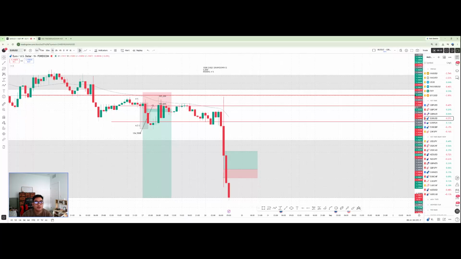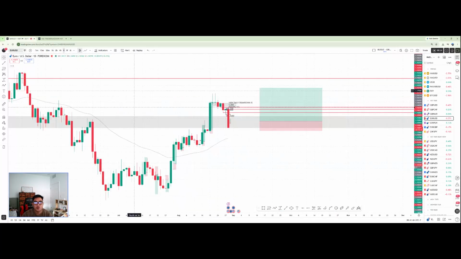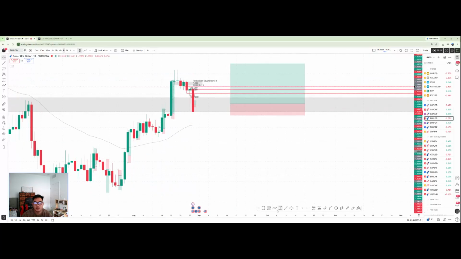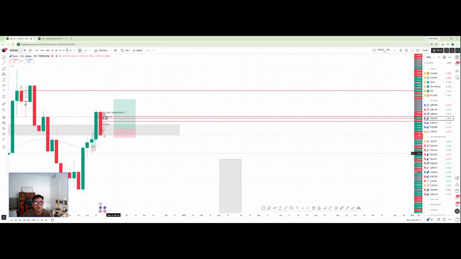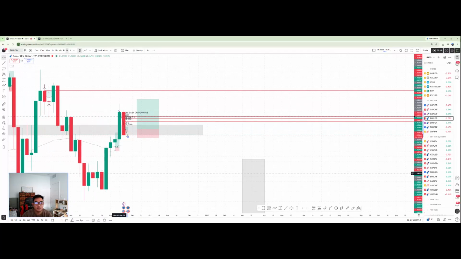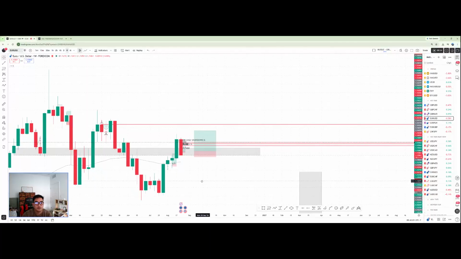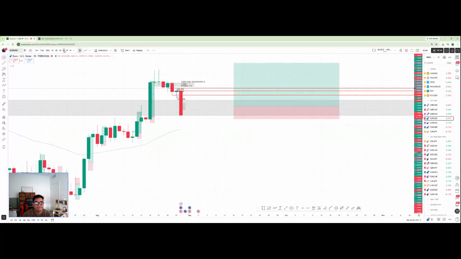So yeah, I think that will be the breakdown of Euro USD. The direction was pretty precise, but for next week our bias will be the continuation of the bearish movement.